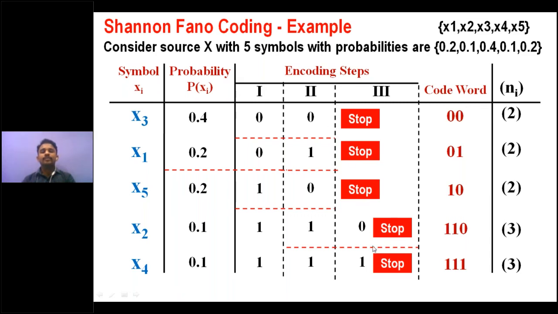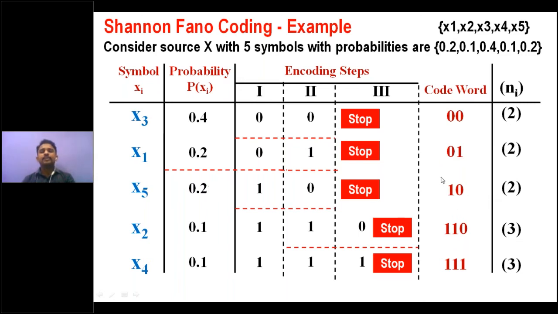In this way only we have to go. Once again I'm repeating, a very important point in Shannon-Fano coding is that the first symbol should stop at the first position and the last symbol should stop at the last position. If it is not followed, you can see the variation in the code word. Clear? For some higher probability, you may get a higher number of bits, and for lower probability, you may get a lower number of bits.